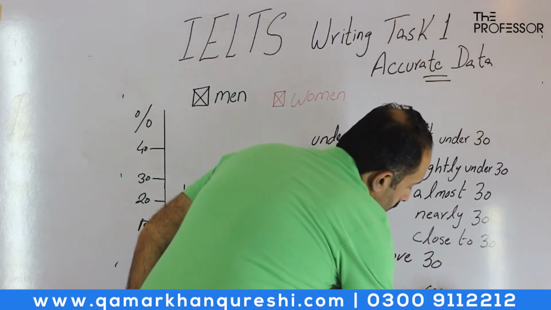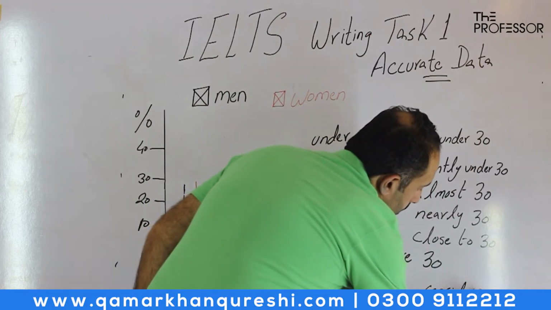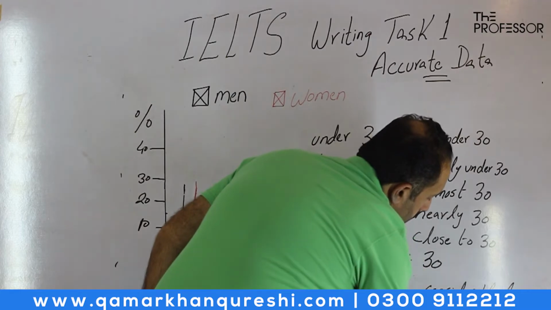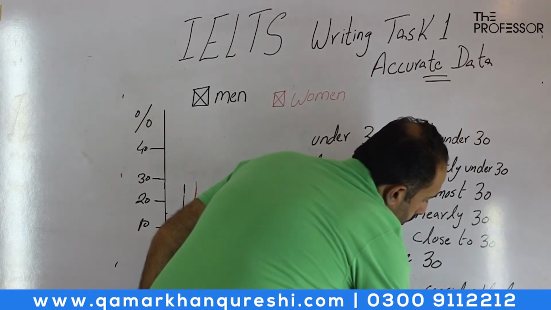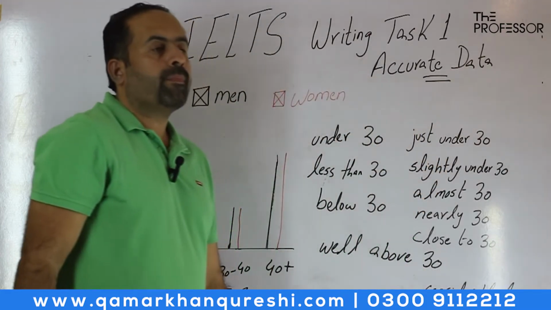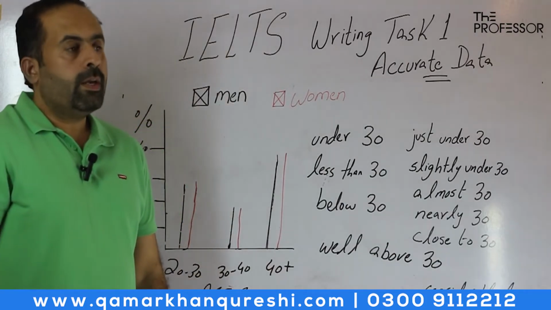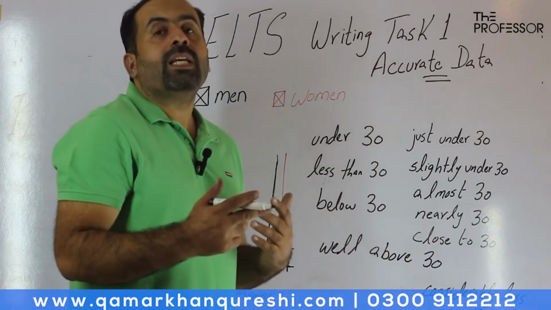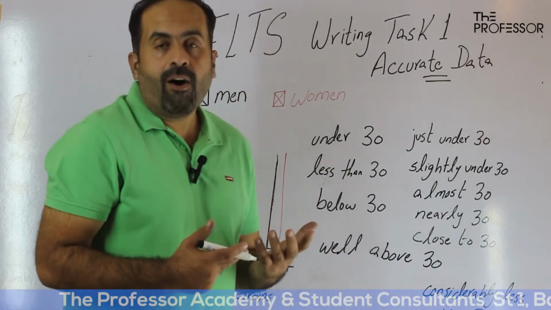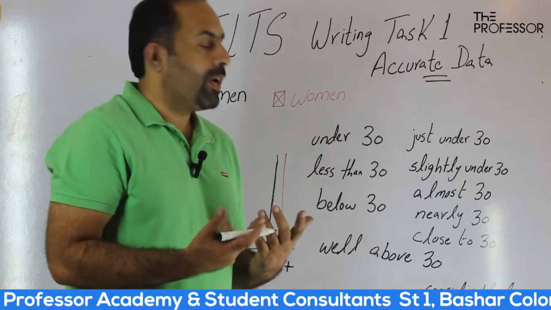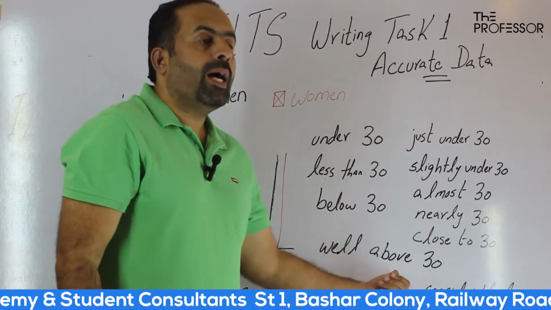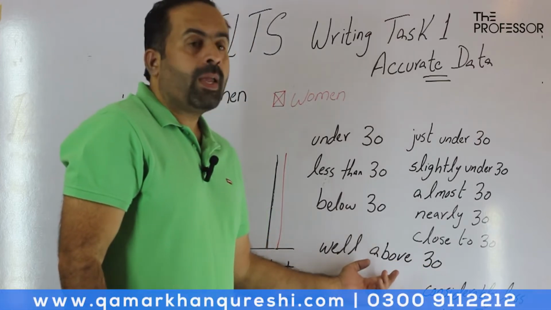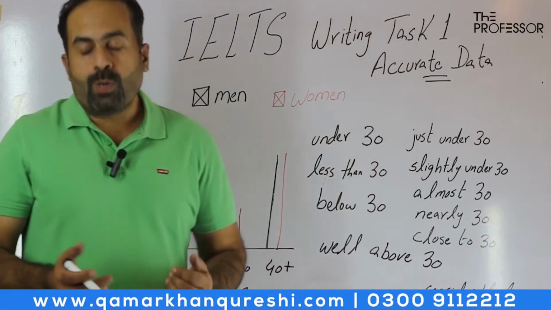So you can again write considerably less than 30. Got it? So now let's discuss if something is above a specific number, how can you say that? Like I just said, well above 30. So there are some more words that you can use for above. Let's see what those words are.